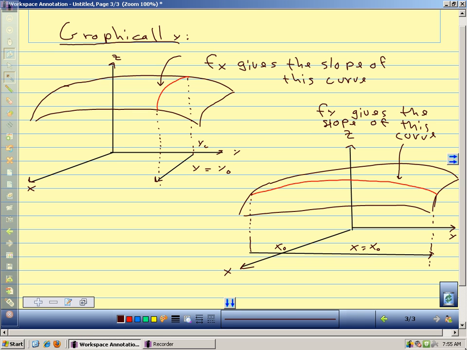So you're going back into the page 1 unit, and then you're going -2 in the y direction. So you're going to the left 2 units, and you're going up to your surface. And up at that surface, the surface is at a high point, and if y is changing, you're going to be going from a higher function value to a lower function value.